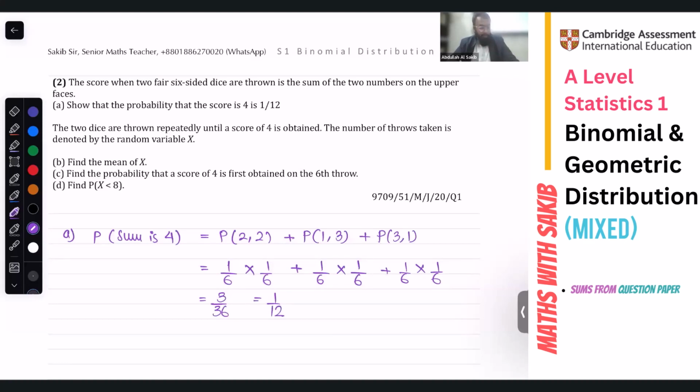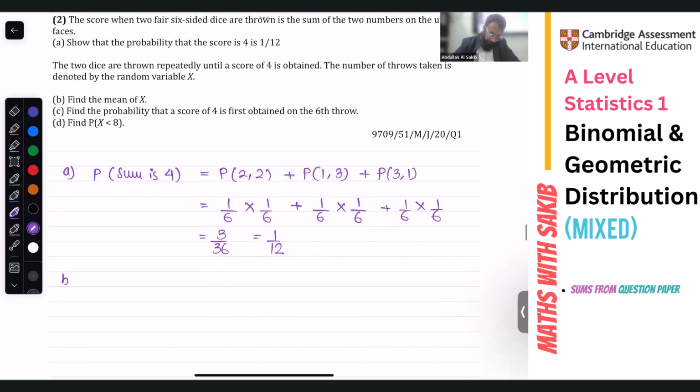Clear? Now the question says the 2 dice are thrown repeatedly until a 4 is obtained. Now it's a math of geometry. So what is the probability of success? Getting a 4. Number B. P equal to obtaining a sum of 4.